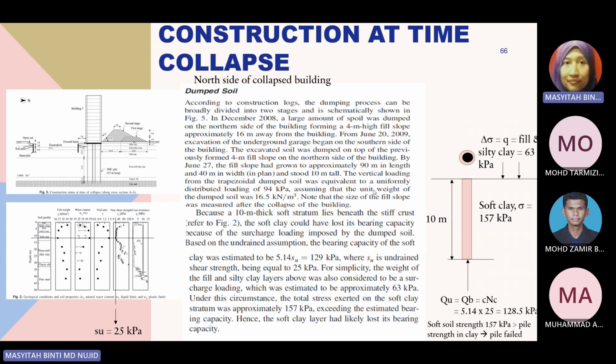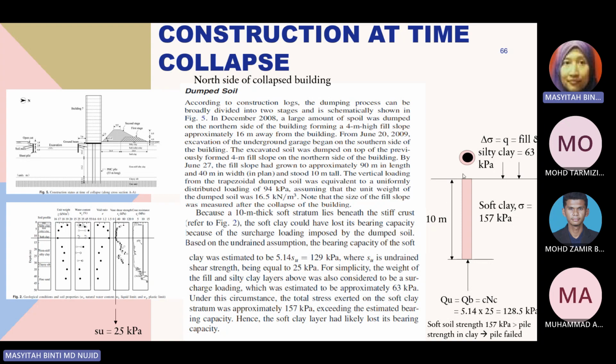What it says here is that the vertical loading from the trapezoidal dump soil was equivalent to a uniformly distributed loading of 94 kPa, assuming that the unit weight of the dump soil was 16.5 kN per cubic meter, and the size of the fill slope was measured after the collapse of the building.